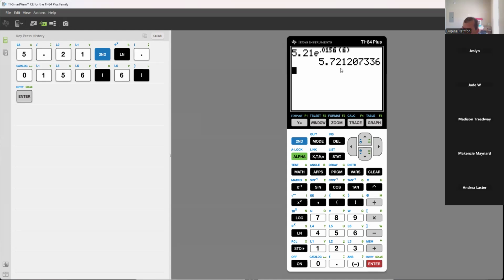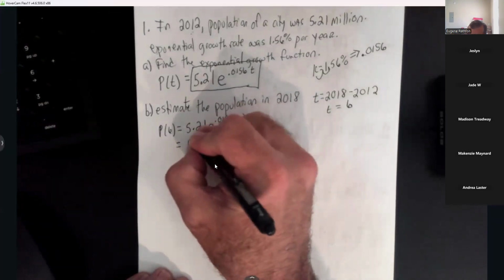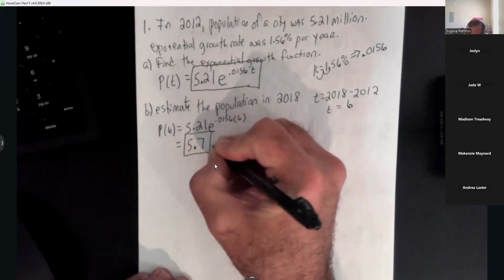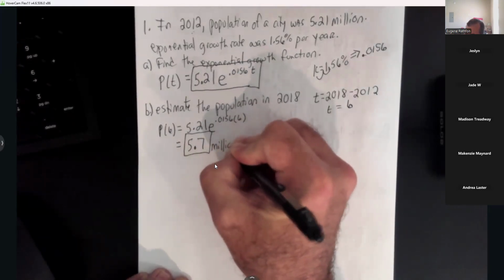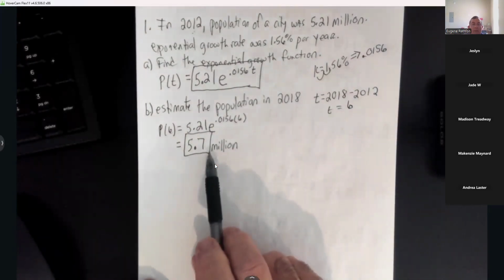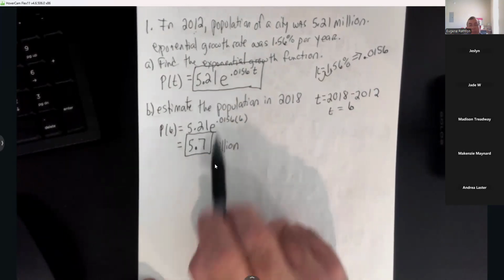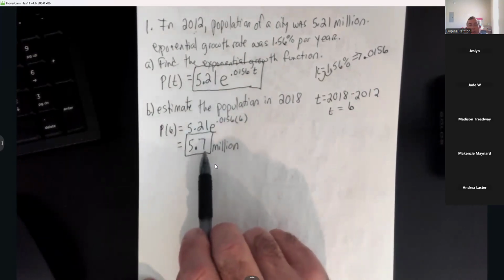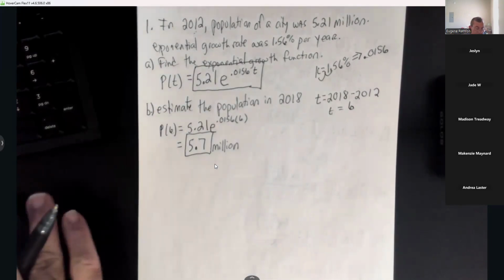Rounding that to 1 decimal place, that's going to be 5.7. Now, all we do is put in the 5.7. MyMathLab already has the million there. So they went up about half a million, from 5.21 to 5.7, in 6 years.